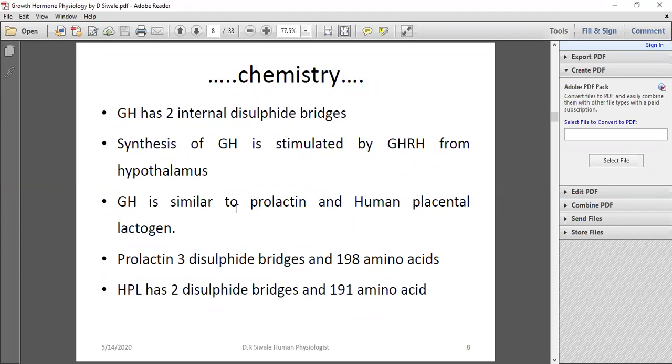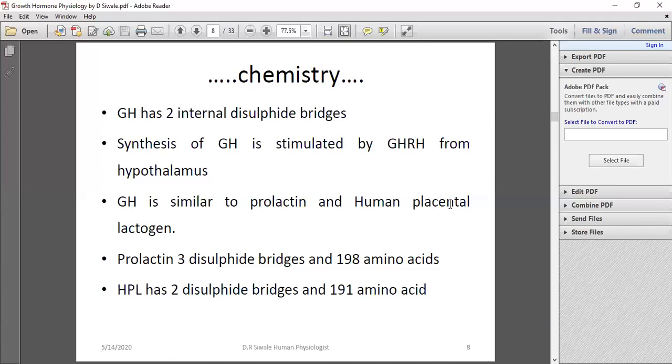Okay, so growth hormone is similar to prolactin and human placental lactogen. These are the two hormones which are similar to growth hormone. If you remember, prolactin stimulates milk production and secretion from the breasts.